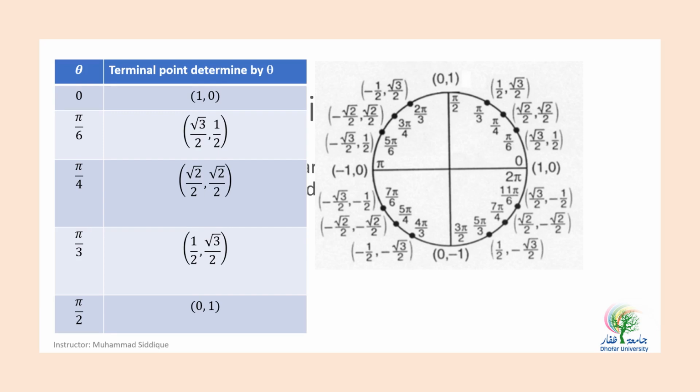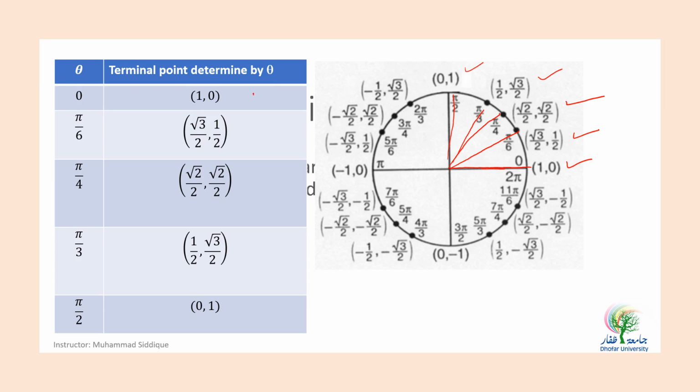When theta is 0, the terminal point is (1, 0). When theta is pi by 6, the terminal point is (square root 3 by 2, 1 by 2). When theta is pi by 4, this is the terminal point. When theta is pi by 3, this is the terminal point. When theta is pi by 2, this is the terminal point.